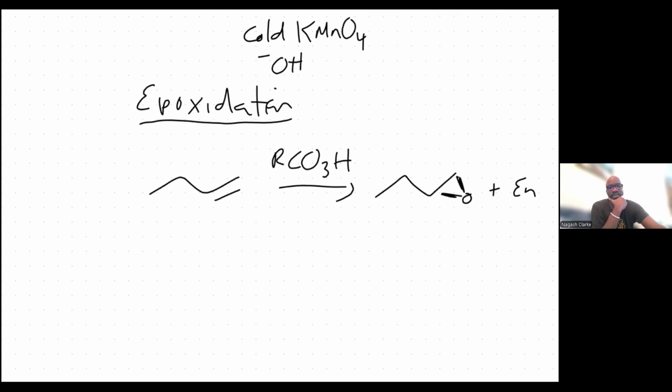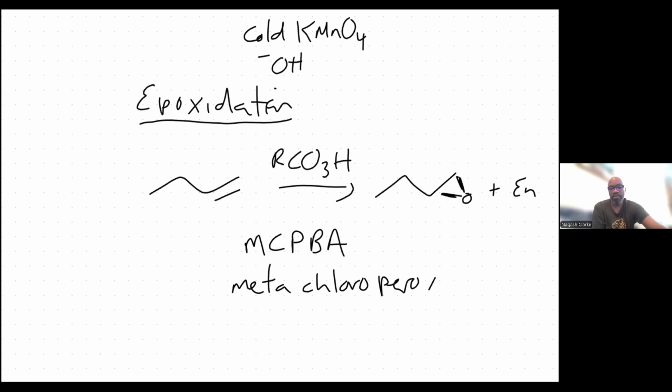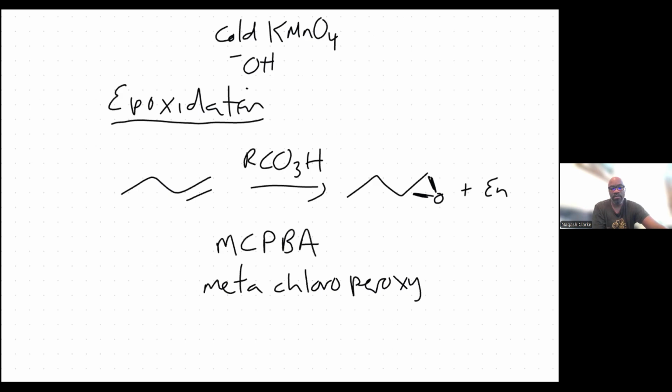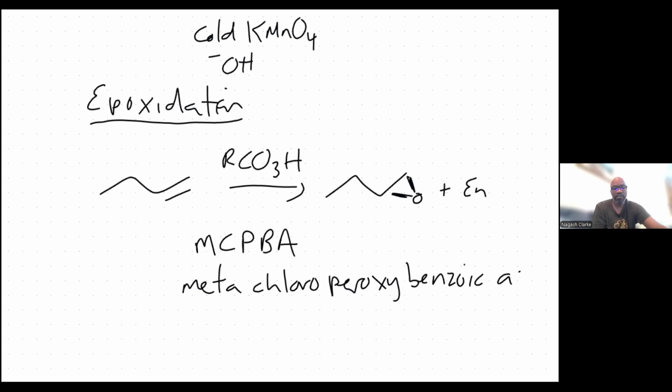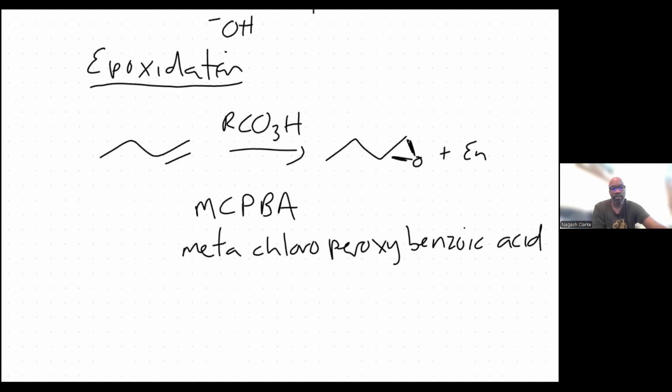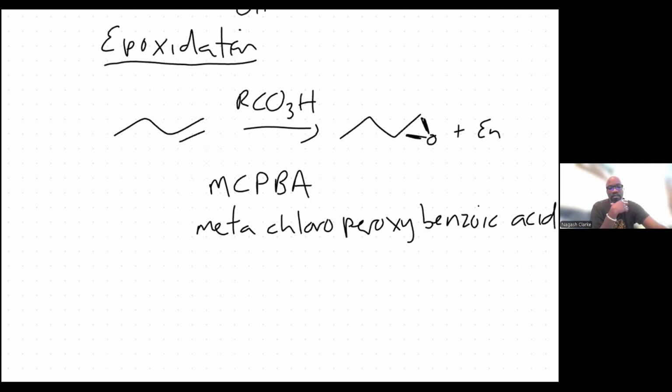An example of a peroxy acid is MCPBA, which is meta-chloroperoxybenzoic acid. A peroxy acid looks like an acid as well as a peroxide.